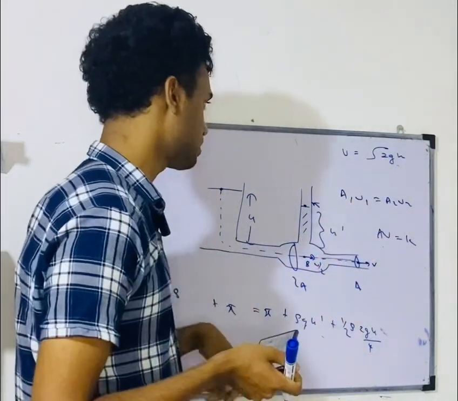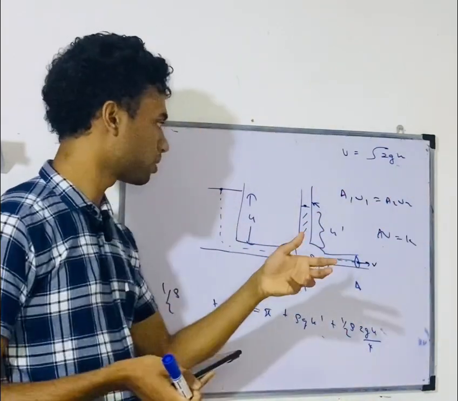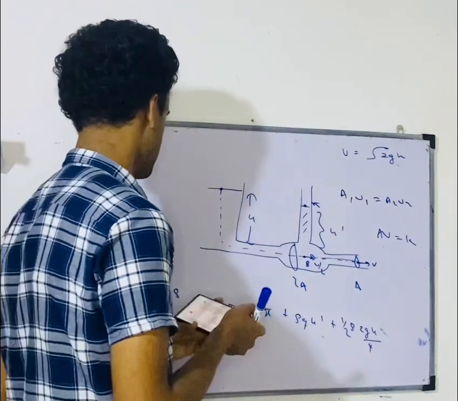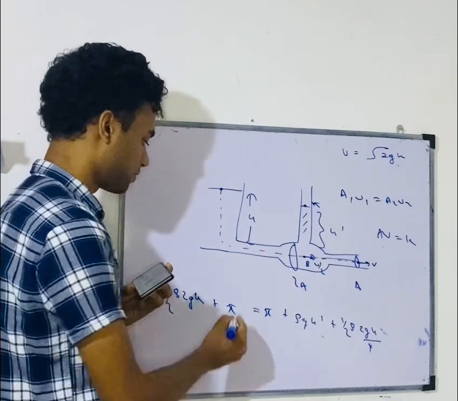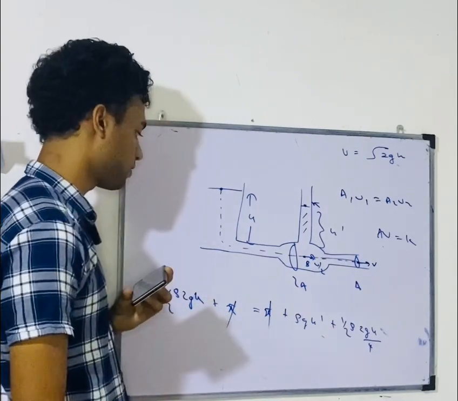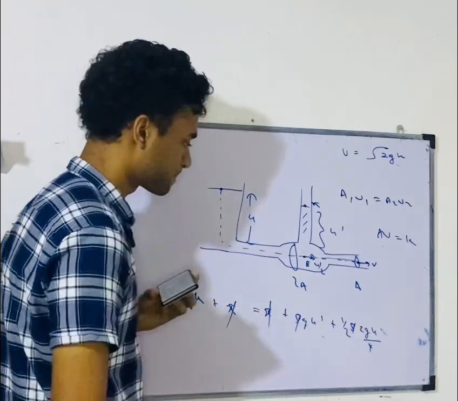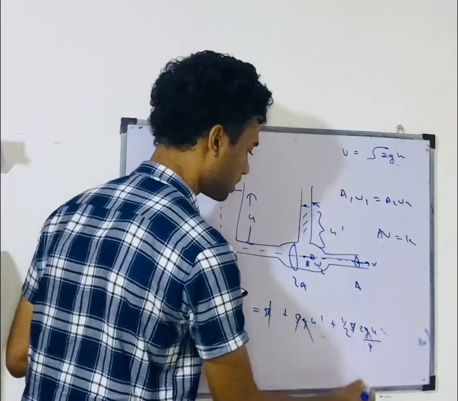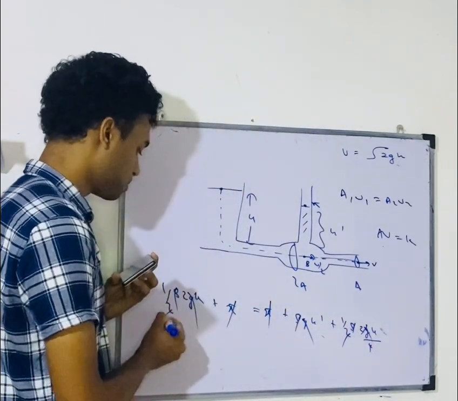So half rho v squared means half rho 2gh. Now phi and phi cancel off. Rho terms are there everywhere, rho cancels off. And g terms are there everywhere, g cancels off. And 2 and 2 cancel off. And here 2 and 2 cancel off.